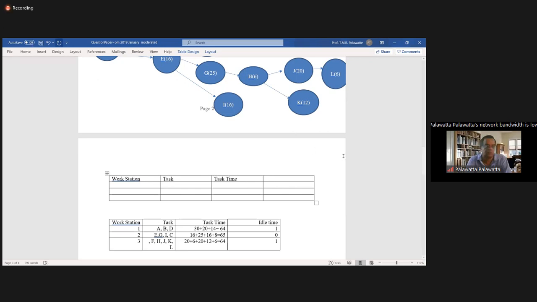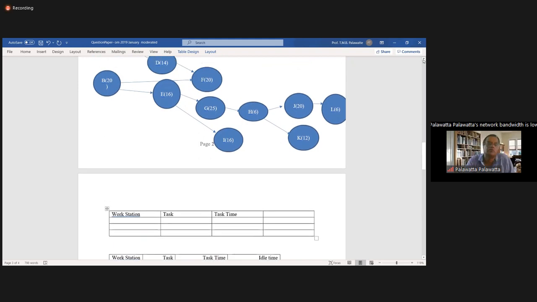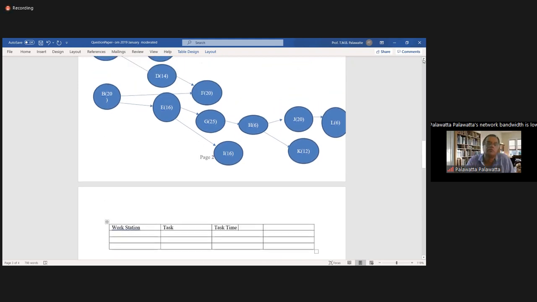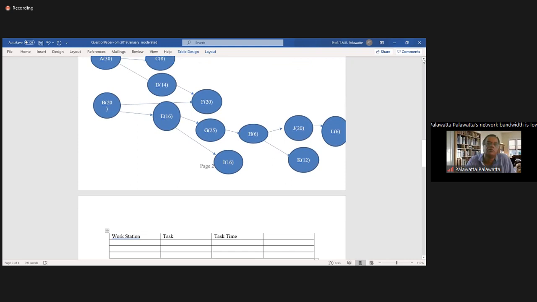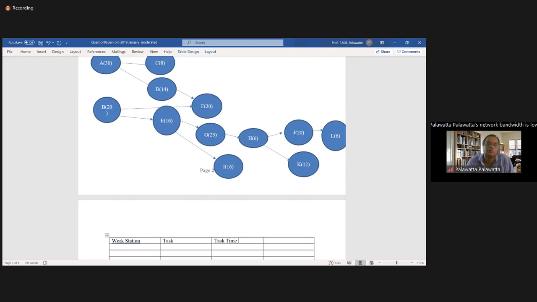Now you see, it's not 3 employees for each station.